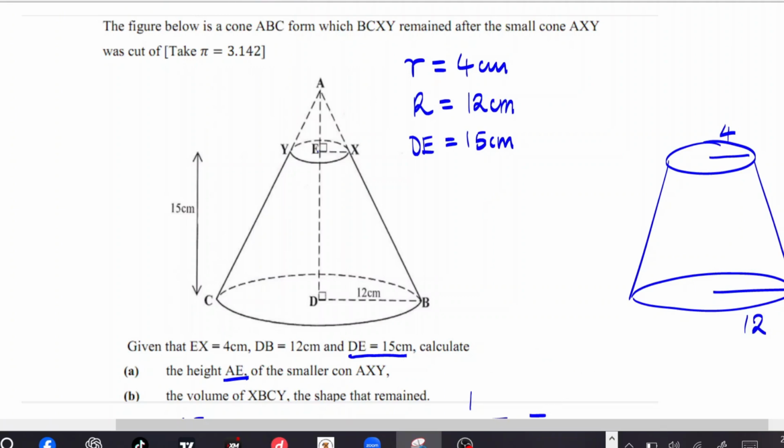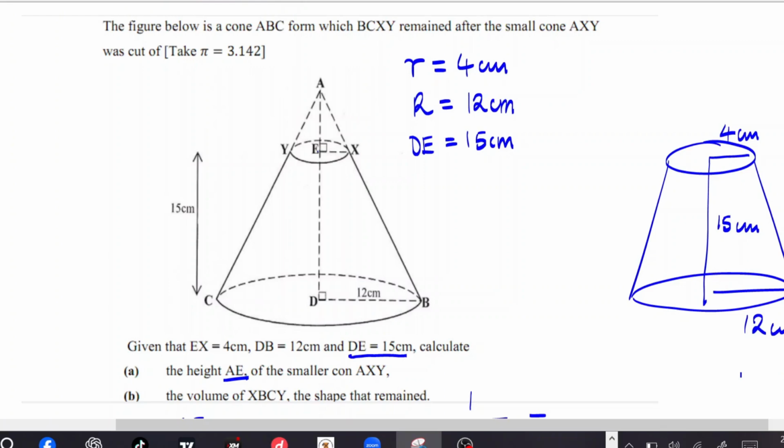So the height here between the two surfaces there is 15, as you can see. You have been given 15 there. So here we'll put 15 centimeters. That's the height. Here we have 4 centimeters. Here we have 12 centimeters.